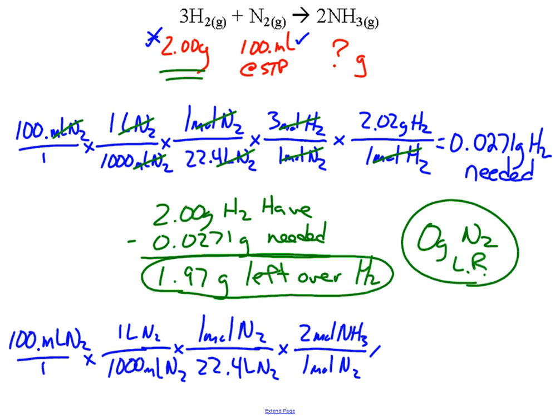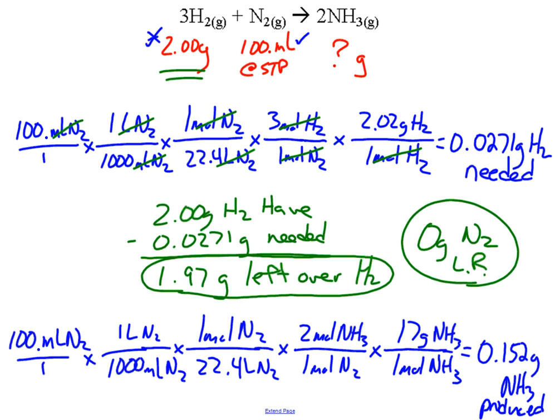And for every 1 mole of NH3, there'll be 17 grams of NH3. And we have 0.152 grams of NH3 produced. So now we have the final piece of our solution here, which is the mass of the NH3 produced.